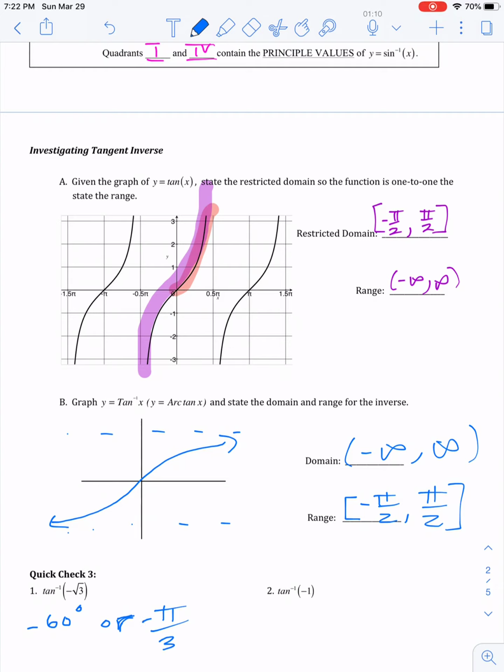Negative 60 degrees, or negative pi over 3, are the only angles within the principal interval that have a tangent of negative root 3. Remember, inverse, I put in the ratio, I get out the angle. So question 2 says, what angle has a tangent of negative 1? So that is the result of evaluating.